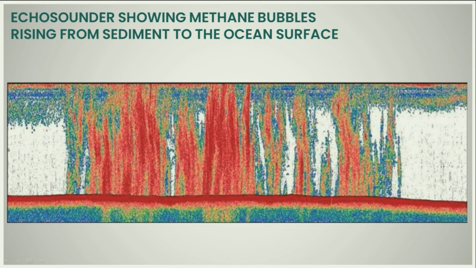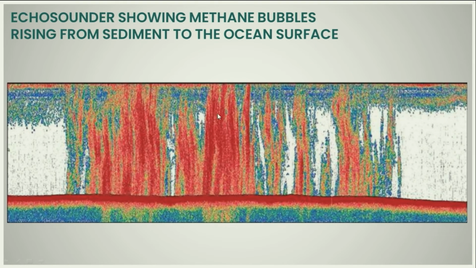So this is a sonar system that measures sound waves reflected by the rising methane plumes. So this is an area 3 or 4 kilometers across, which is full of methane coming up from the seabed, rising to the surface. And if you try and set light to it, you'll get an explosion perhaps at the water surface.